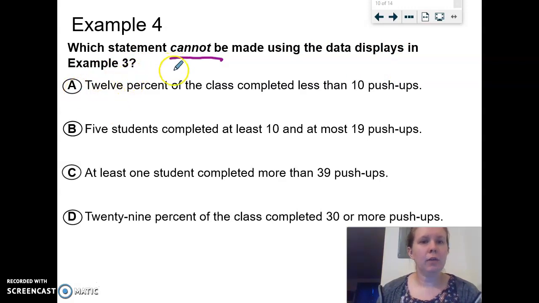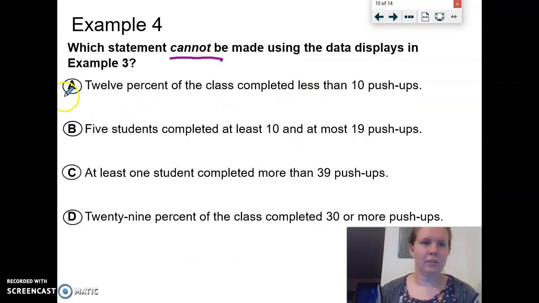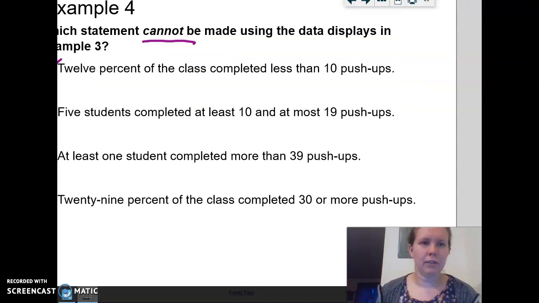A says 12% of the class completed less than 10 push-ups. Let's go see. Okay, in the pie chart, it shows me that 12% did do less than 10 push-ups because they only did from 0 to 9. So I would say that one is true, and we don't want the true ones. We want something that's false.